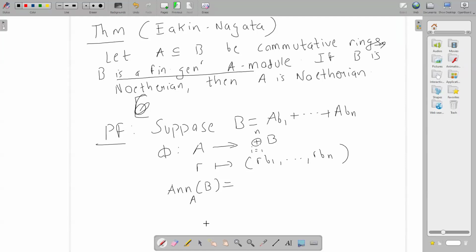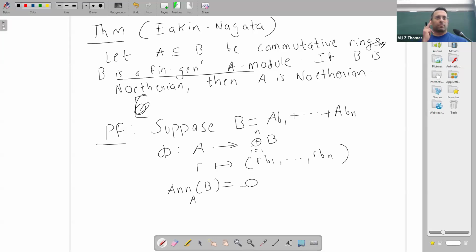But see, annihilator means what? If there was an element r in this annihilator, r belongs to A, then it should annihilate every element of B. So in particular, it should annihilate the identity also. But the identity also belongs to A. So r times 1 is r, it will be 0. So the annihilator, because identities are shared, is actually 0.